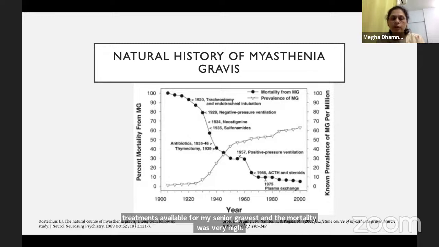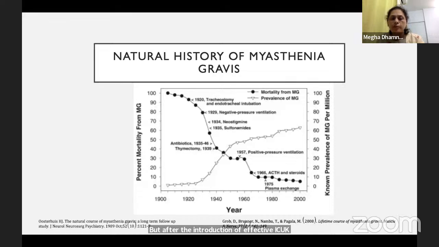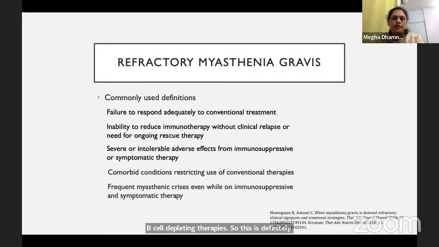But after the introduction of effective ICU care, ventilator management, positive pressure ventilation in 1957, 1966 is where the ACTH and steroids were introduced and plasma exchange from 1975. And now it's a completely different era of antibodies that we're talking about, B cell depleting therapies. So this has definitely brought down the mortality and the morbidity of our patients with myasthenia gravis.